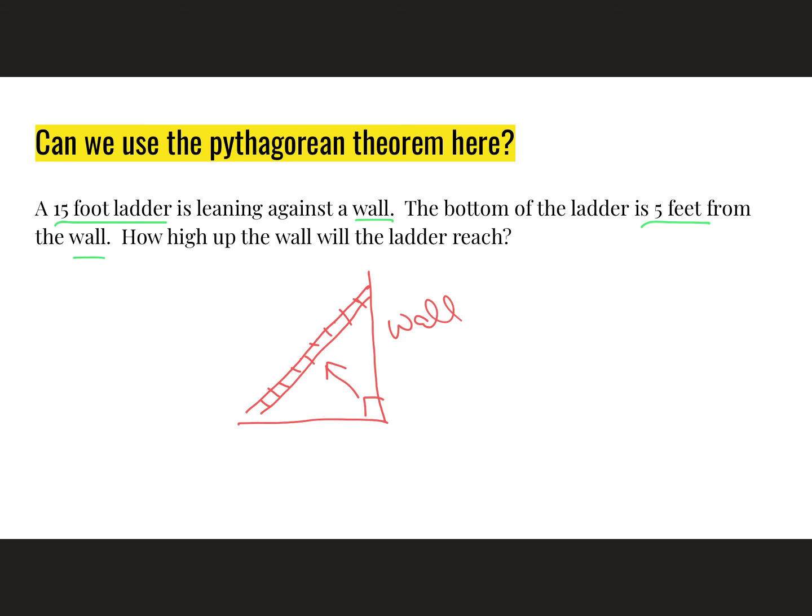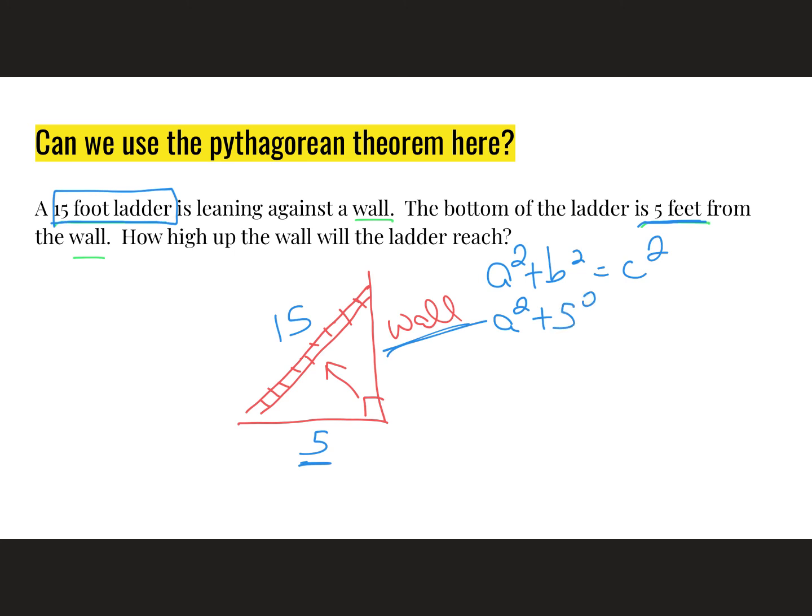There's my hypotenuse. Well, I know it said that my ladder is 15 feet. So that means this is 15. And I know that the bottom is 5 feet from the wall. So this is a 5. So I'm finding this last side, the wall. So again, I'm going to do a squared plus b squared equals c squared. Well, a is going to be my missing number. 5 is my other leg. And then that is 15 squared.